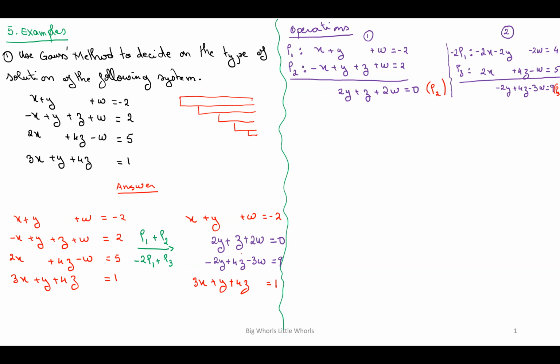I don't want to perform everything here because what I have written in green is the Gaussian operations, and on one arrow I just want to keep it clear, where we can just do 2 Gaussian operations. So the first Gaussian operation is row 1 plus row 2. The second one is minus 2 row 1 plus row 3. Now the third one, I can't write somewhere here, so I just want to be neat. So what I'm going to do here is this.